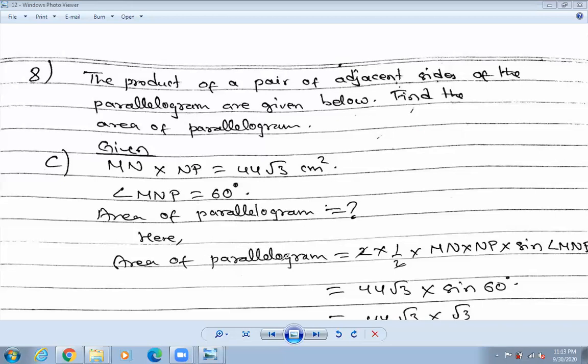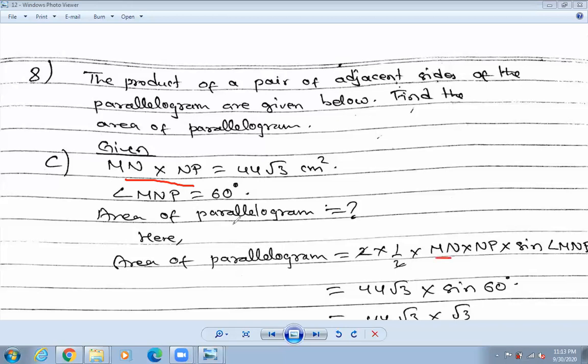So area of parallelogram equals 2 into half. We multiply by 2 because it is double of a triangle. So 2 into half into, what are the two sides? MN into NP into sine of the angle, angle MNP. After that, the 2 and half will be cancelled.